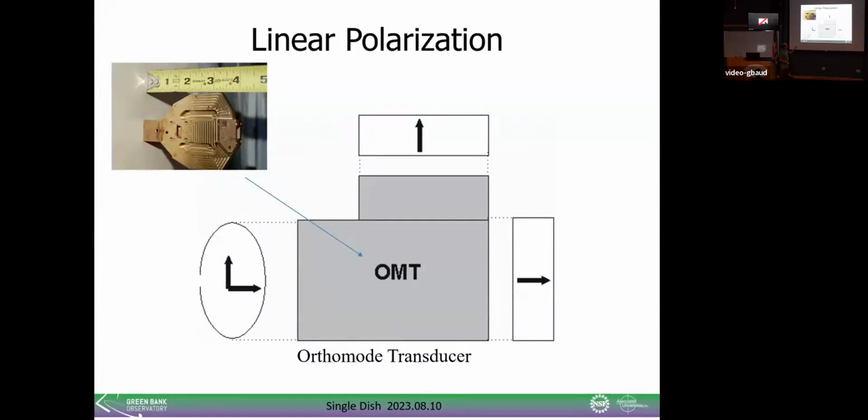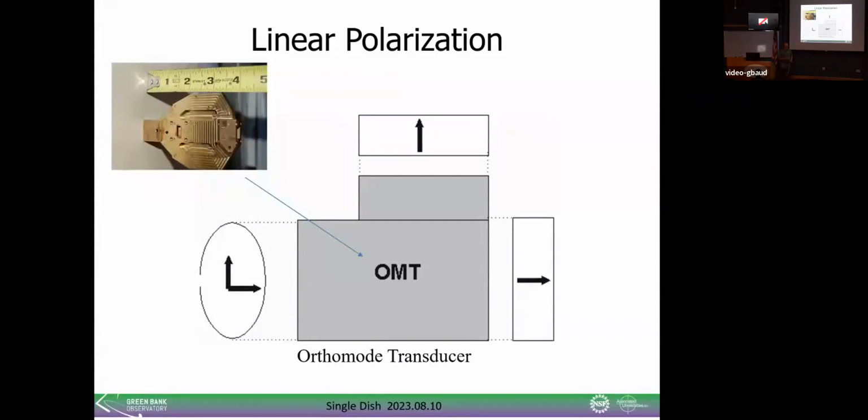Most of the higher frequency ones use what's called an orthomode transducer, in which you can see sort of a square input. There's a transition from the feed to the OMT, and then you can see there's sort of two waveguides on the output that are orthogonal.